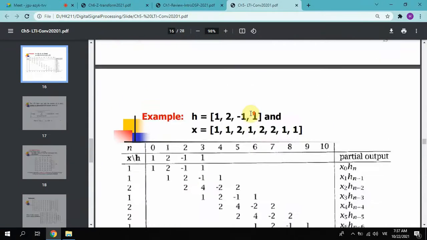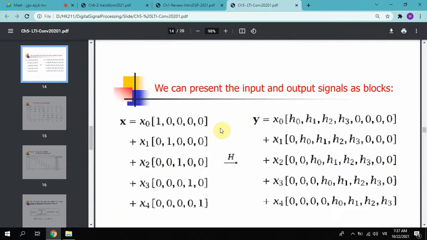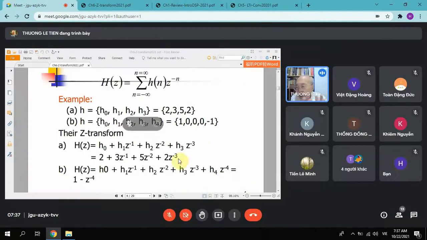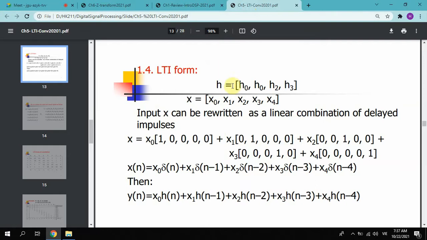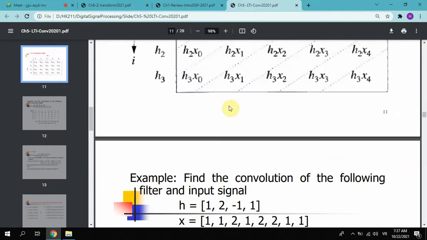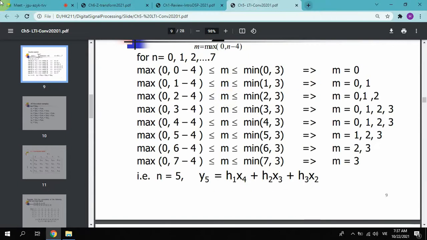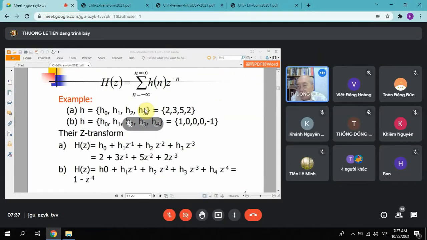How many forms can we use to describe a signal? Of course, the impulse response is a signal. So the general concept, signal, or just stick to the impulse response. How many forms can we use to describe or write down the impulse response?